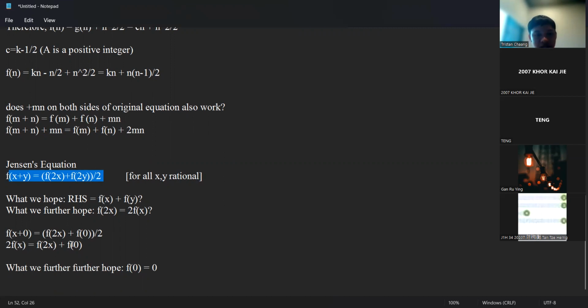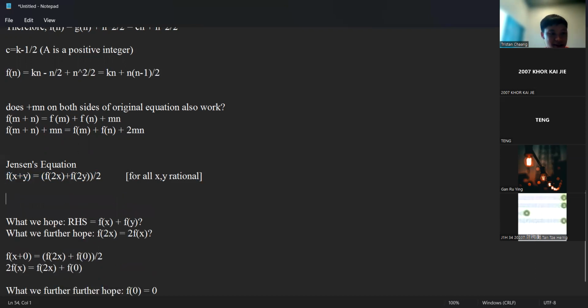But if we further inspect this equation, what happens when you shift f? Yes, we have to shift f. As you can see, if I let g be f minus some constant, let's say 10, both sides still are the same, because on the left hand side you minus 10, on the right hand side you minus the average of 10 and 10, which is still 10.